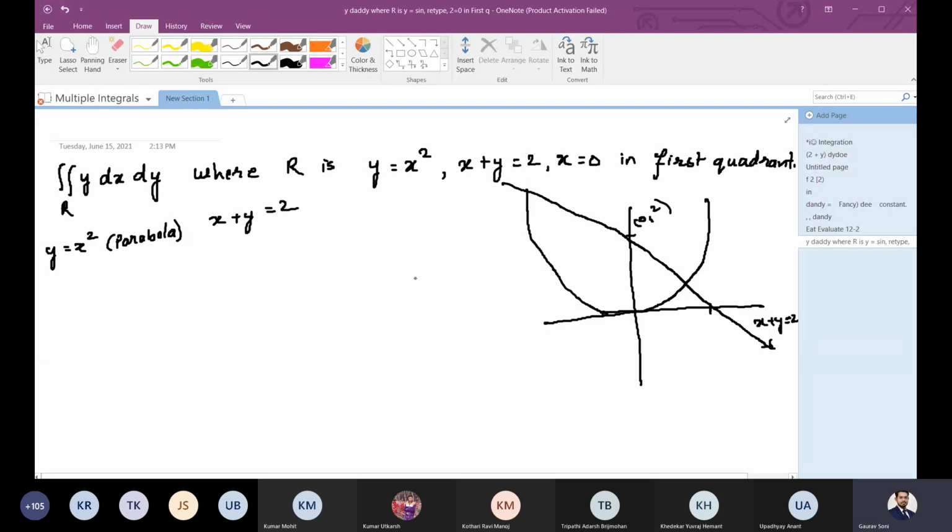So what they're saying, the region is bounded by this parabola, this line, and x equal to 0. x equal to 0 is the y-axis. Which is the region? The region is this one. Please check it.